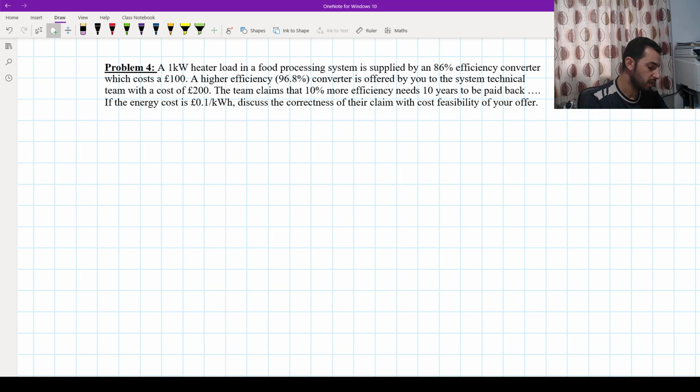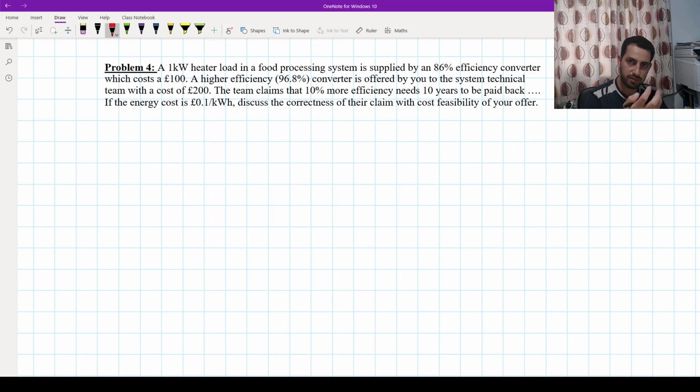We will see. If the energy cost is 0.1 pound per kilowatt hour, discuss the correctness of their claim with cost feasibility of your offer. So you want to convince them that the claim is not very accurate. We will see if their claim is accurate or no, and you want just to give them the right numbers for this. And this is the given energy cost they pay as a factory.